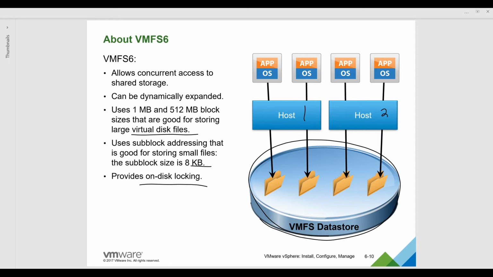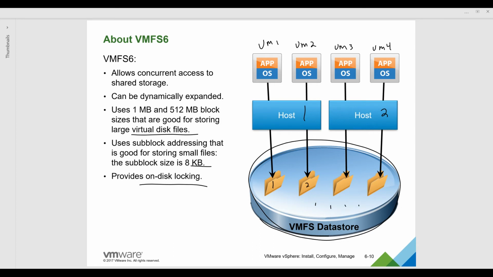It can enable your IT organization to simplify virtual machine provisioning by storing the entire virtual machine state at one central location. So you see right here we have VM1, VM2, VM3, and VM4.